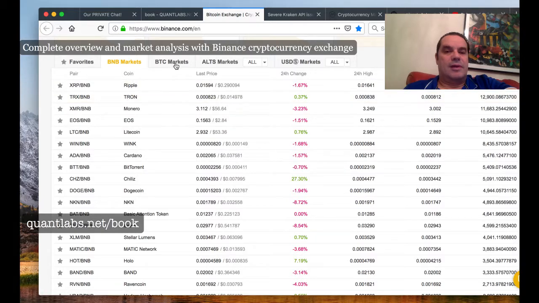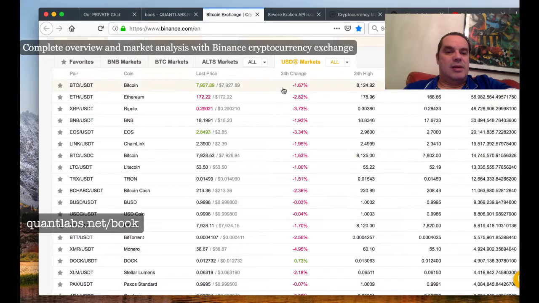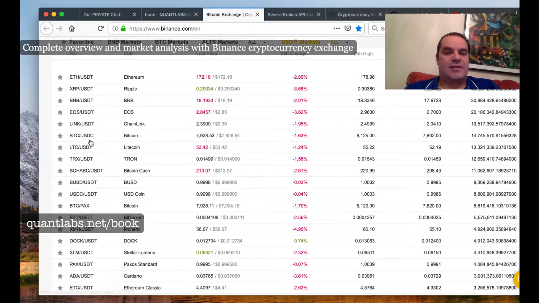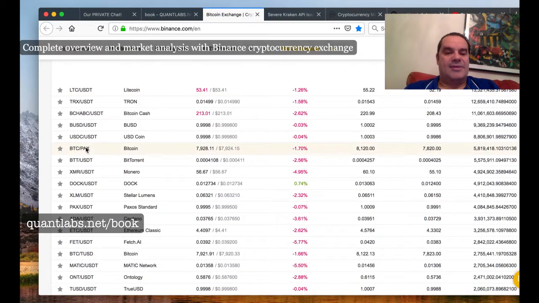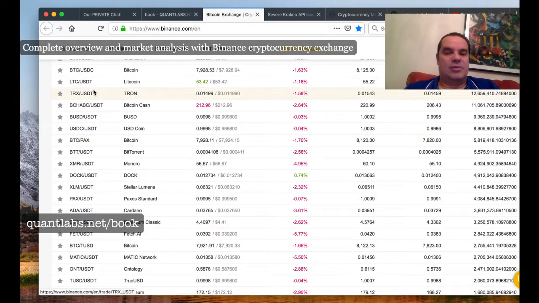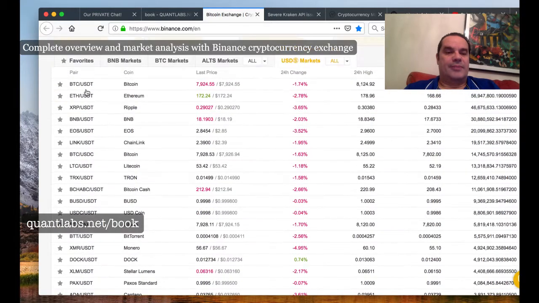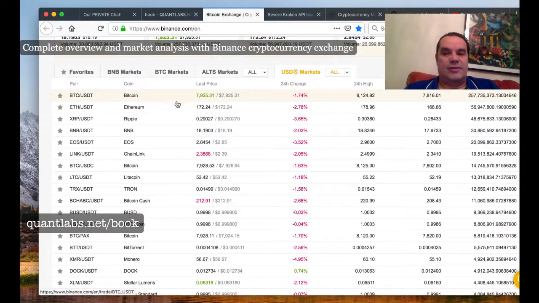When you look at the USD markets, which can be equivalent, now this is crypto to crypto. This is a crypto exchange, 100%, so there's no fiat currency. We have USDT, which is Tether, USDC, which I believe is Bitfinex's own, and Pax is another one. These are all supposedly linked to the US dollar. Tether is the one if you're going to do this.